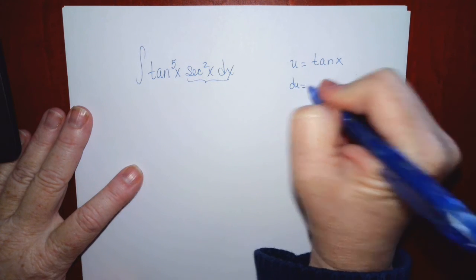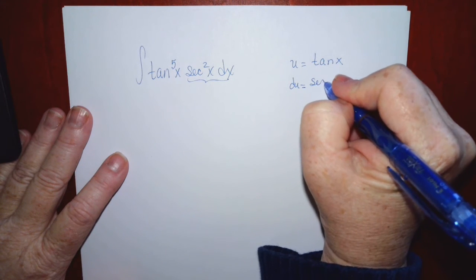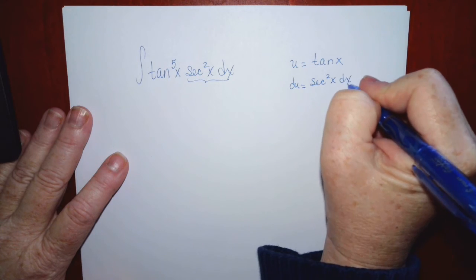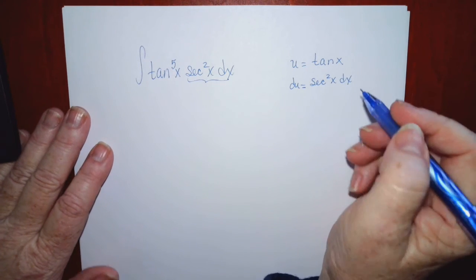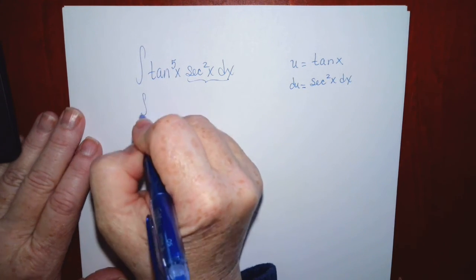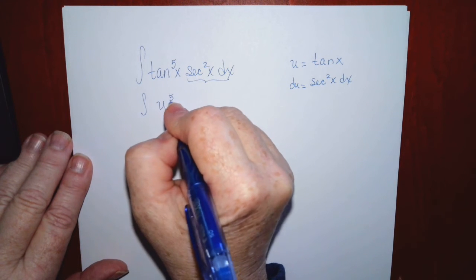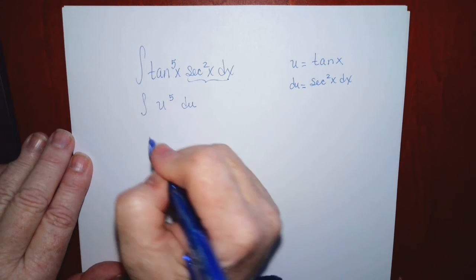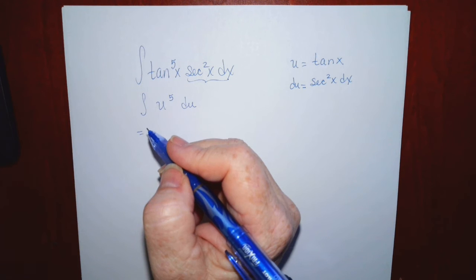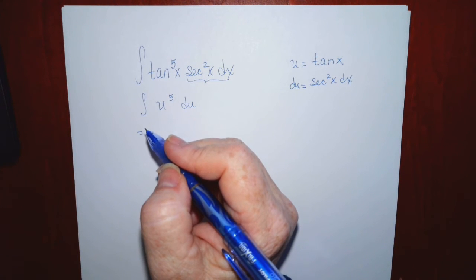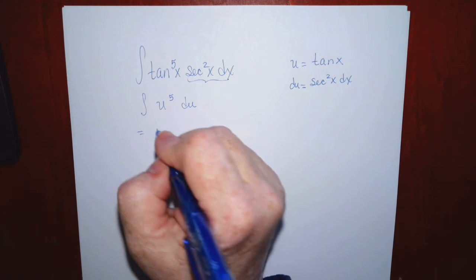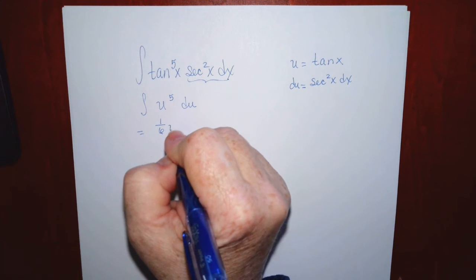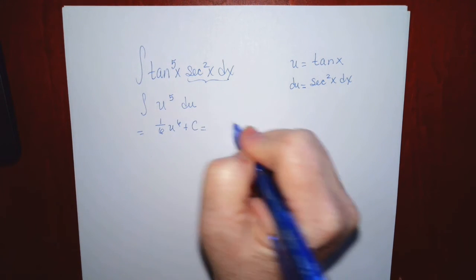So I would let u equal tangent x, and du would be secant squared x dx. So this would just be the integral of u to the 5th du. Did I already do that exact problem? It sure feels familiar. I did. Oh my goodness. Which is 1/6 u to the 6th plus c.